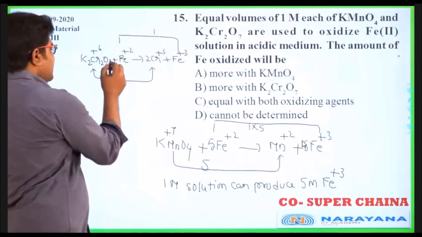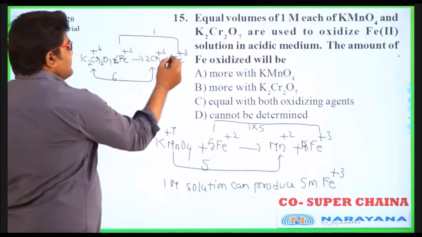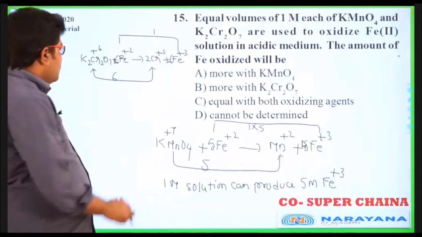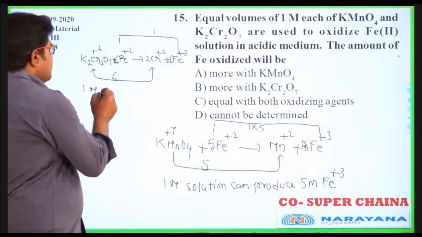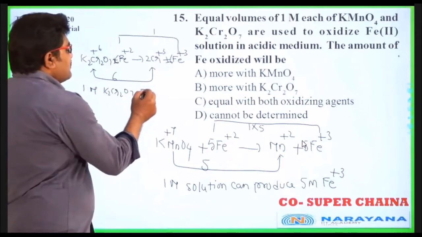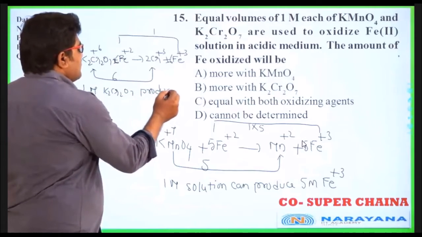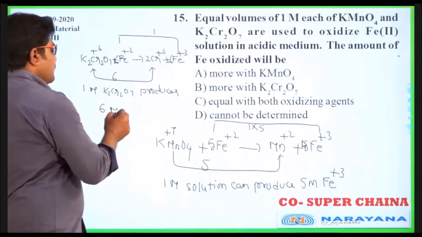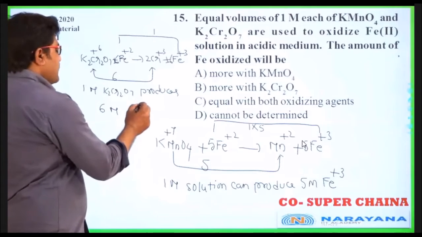Now by multiplying with 6 I will get 6 Fe plus 3. So 1 molar K2Cr2O7 produces 6 molar of Fe plus 3.